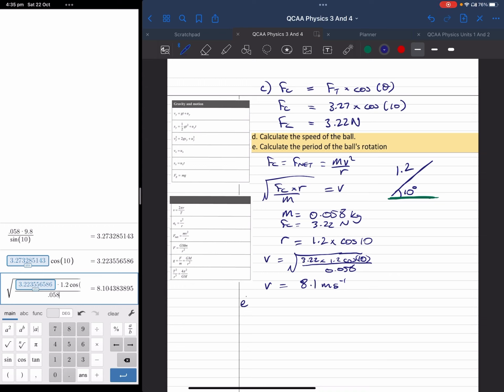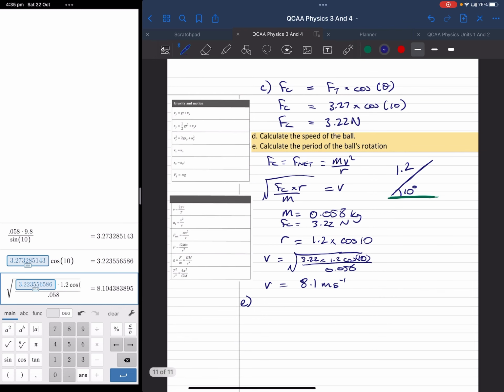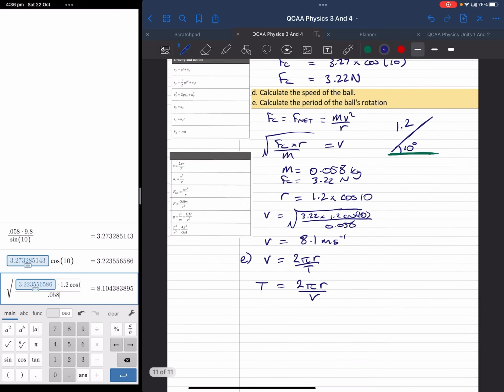In part E, we can use this and our equation for velocity or speed to find the period. So I'm using this equation here. v equals 2 pi r divided by t. I'm going to multiply both sides by t and divide both sides by v. And when I substitute, I'll be able to find t.